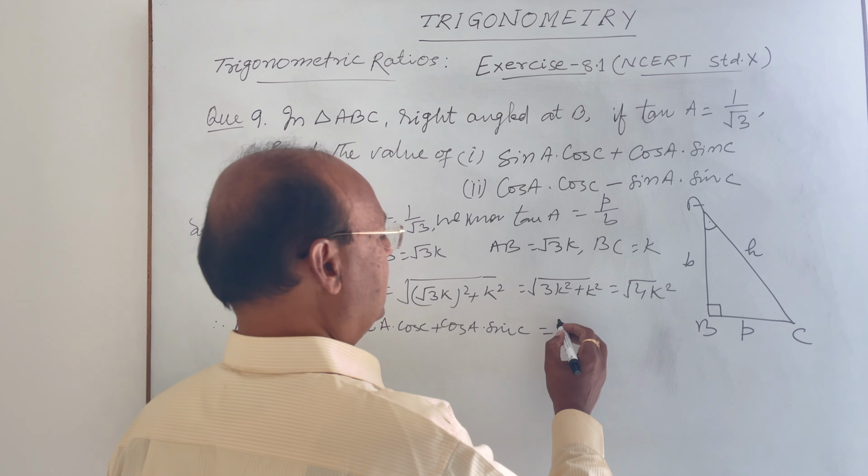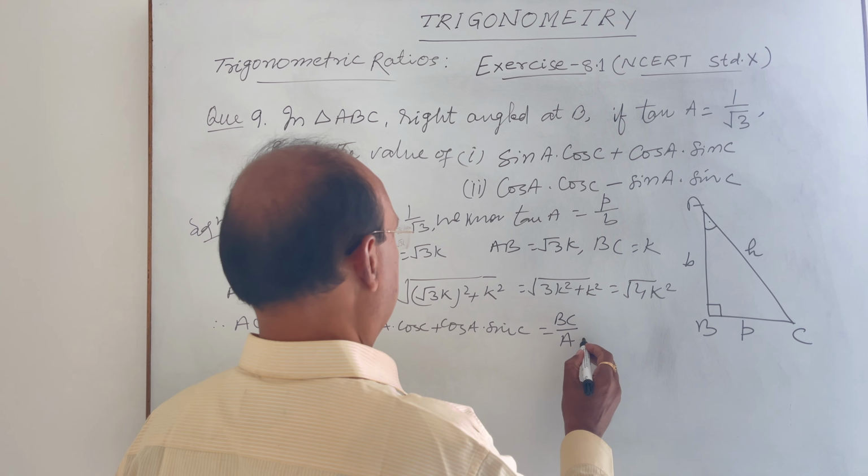So sin A is BC by AC into cos C. Cos of any angle theta is base by hypotenuse. So with respect to this angle C, we are considering cos C here. This is perpendicular and this is base. So B by H means BC by AC, correct?